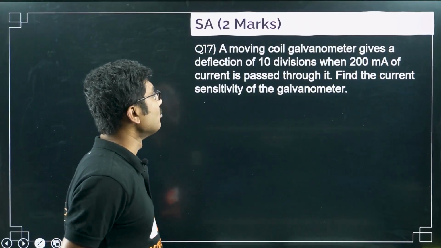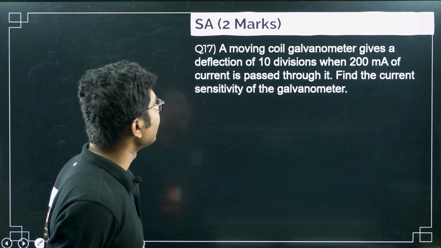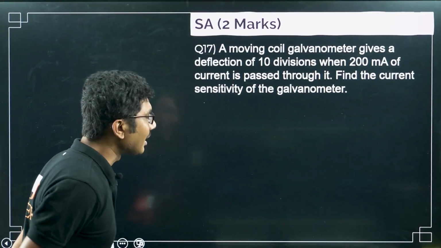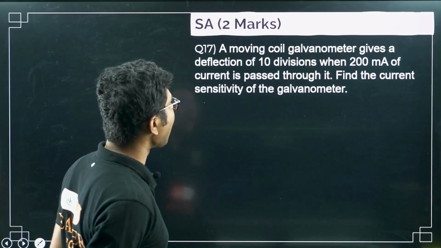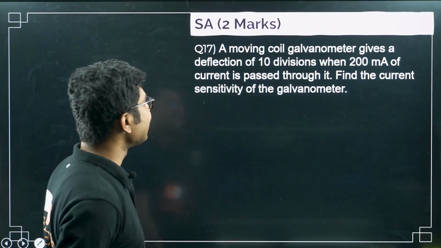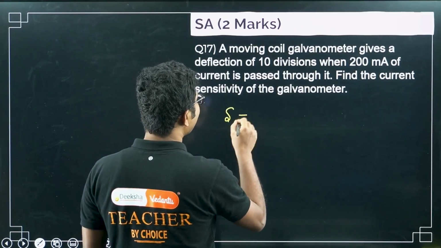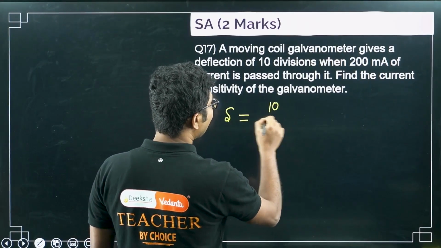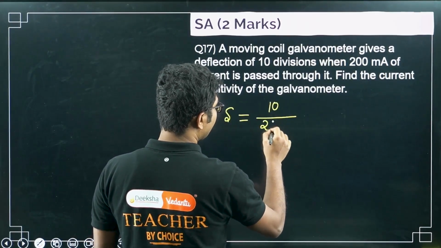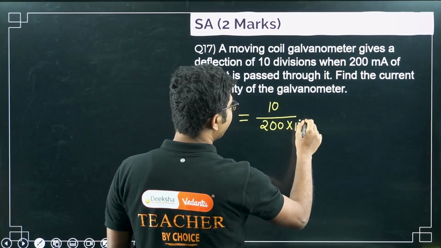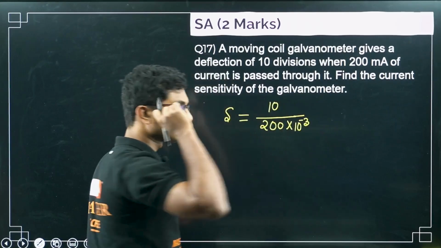Now next is: a moving coil galvanometer gives a deflection of 10 divisions when 200 milliampere of current passes through it. Find the current sensitivity of the galvanometer. Now current sensitivity is defined as the number of divisions divided by the amount of current. Here it is milliampere, and milliampere means 10 to the power of minus 3.